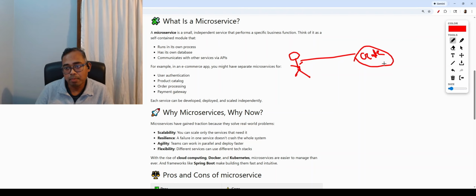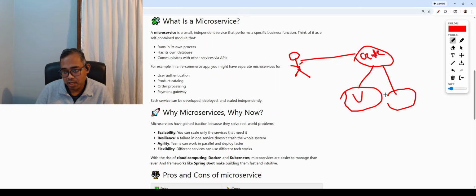After this gateway, we'll have these systems: the user authentication system, the product catalog, and say the payment gateway, and each of them will have its own database.